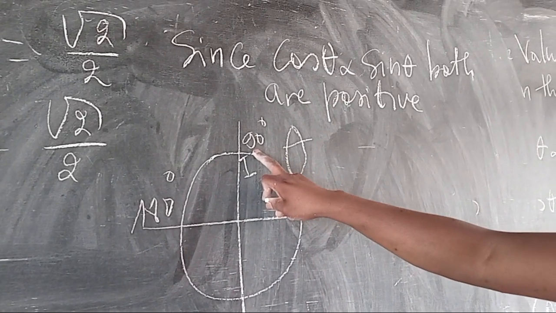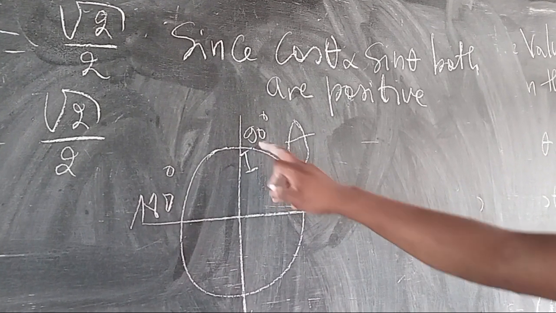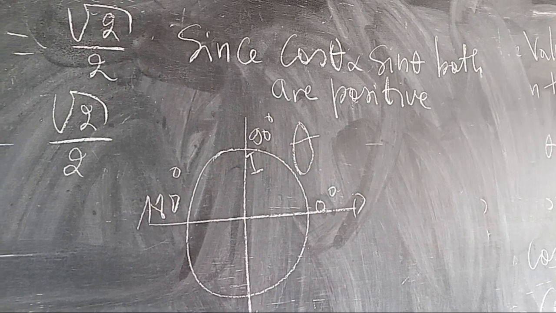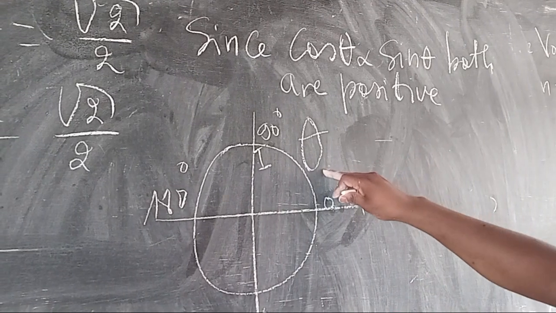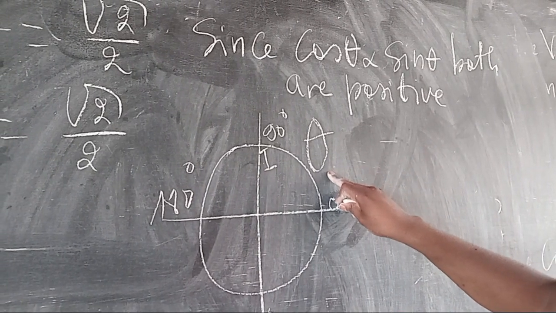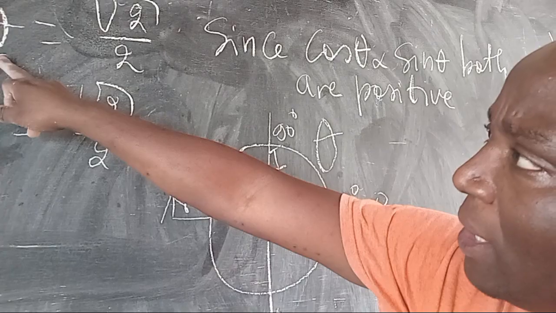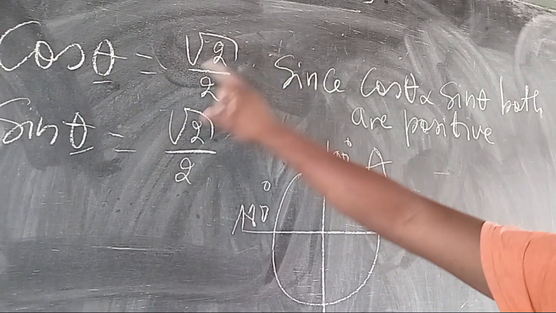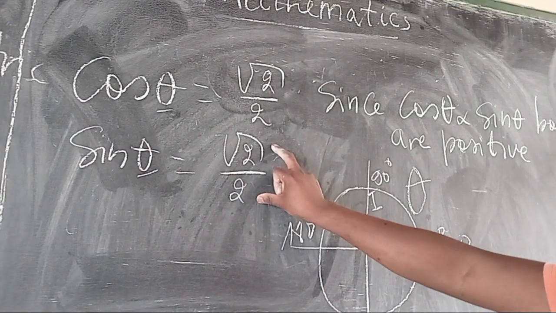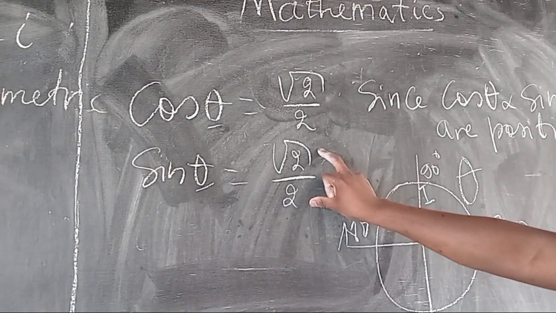Then we are going to find, by using your brain, which angle in the first quadrant has cosine equal to square root of 2 out of 2, and sine again square root of 2 out of 2.